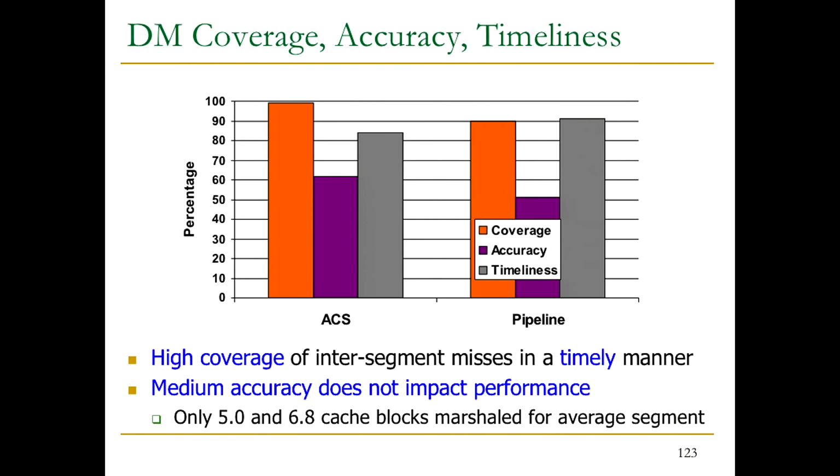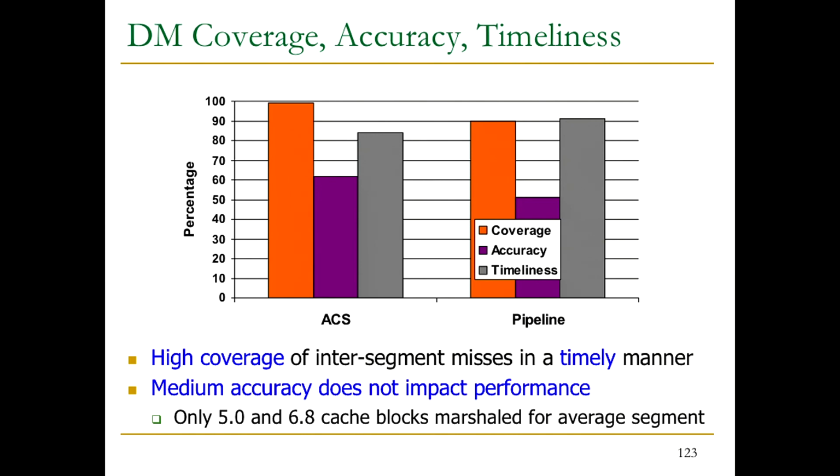Okay, and this is timely. There's some metric of timeliness that you should read the paper for. You're timely, meaning whenever you ask for the data, it's actually in the cache with 80% probability. Accuracy is low, as you can see, because this is profiling based. Sometimes you identify these generator instructions in the profiling run, but when you actually run them, they're not generator instructions because the program in the next segment takes some other path.